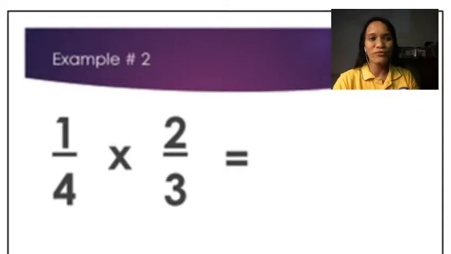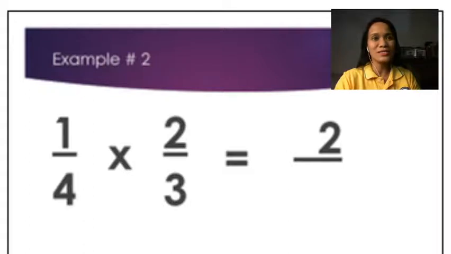Let's try 1/4 times 2/3. Now we can rewrite the problem, but that is not necessary as long as you remember the steps. We know that our answer will be a fraction, so we can go ahead and write the fraction line for it. We multiply the top numbers. 1 times 2 equals 2.